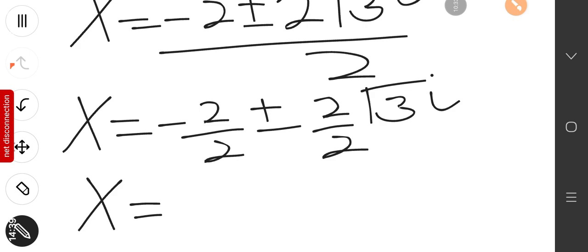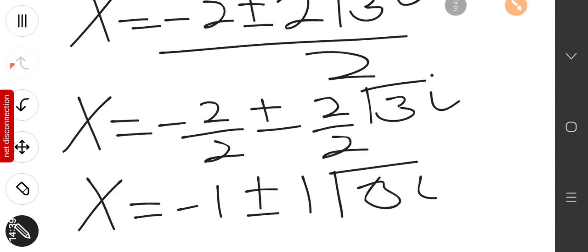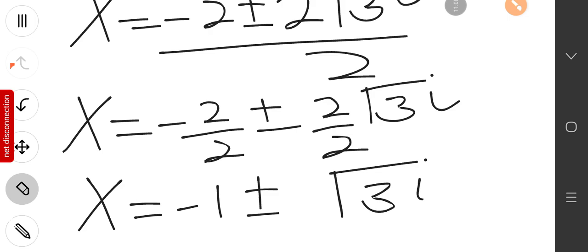This law states that any non-zero number over itself is equal to 1. Therefore 2 over 2 is 1. So here we have minus 1 plus or minus 1, and you can choose to ignore this 1, since its absence still indicates that there's 1 there.